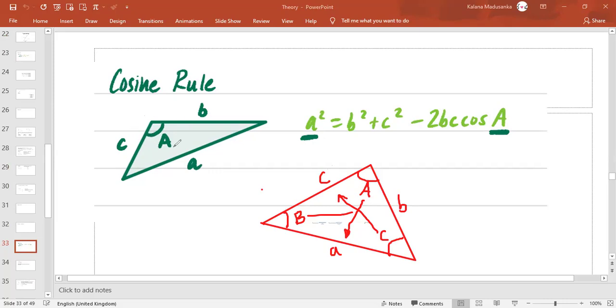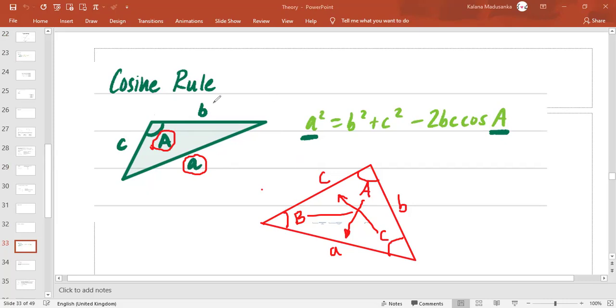Now, in the left side triangle, you can see this is the angle capital A. In front of that, you have the simple A. Now, as I said earlier, to use trigonometry, you should at least have two sides known, or one side and one angle known, or two angles known. Let's say you are given three pieces of data here.